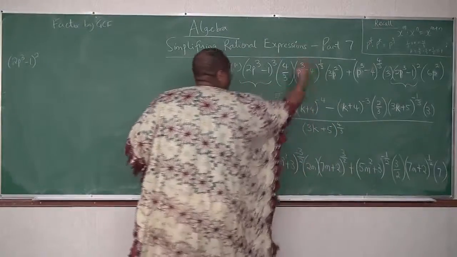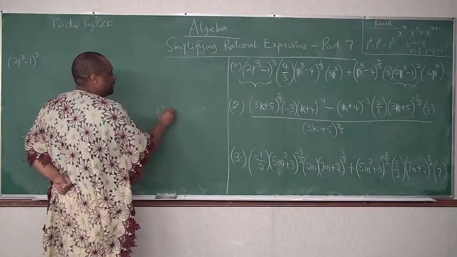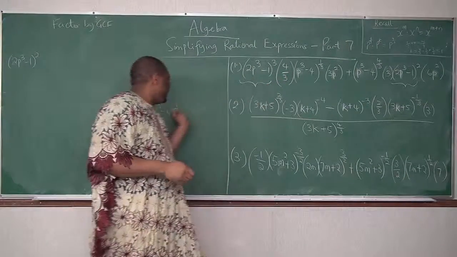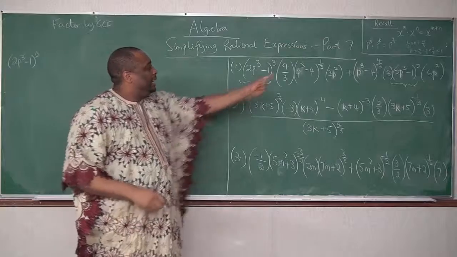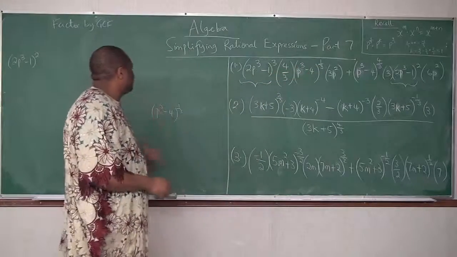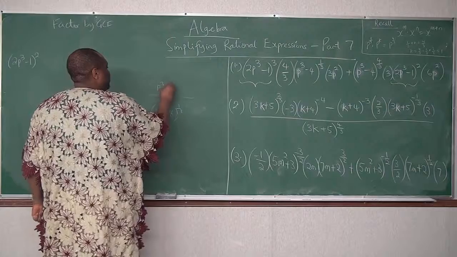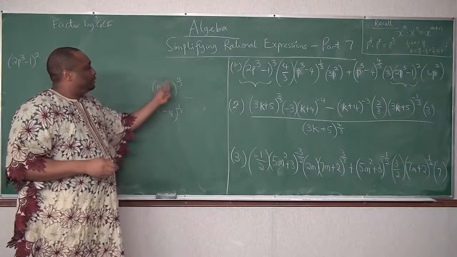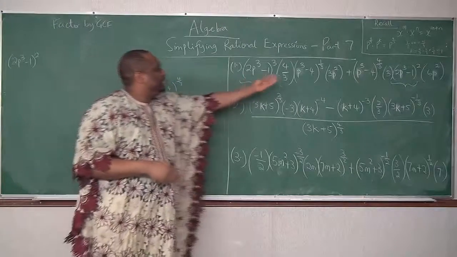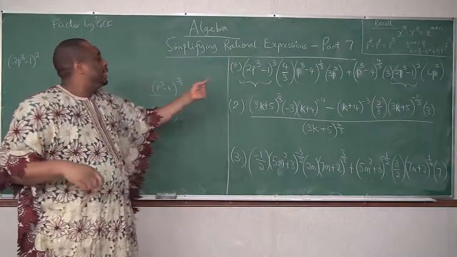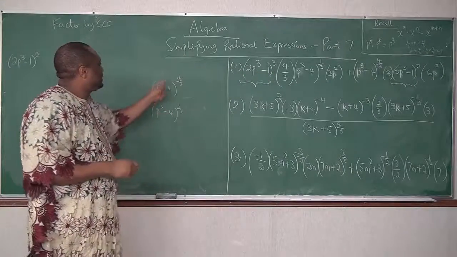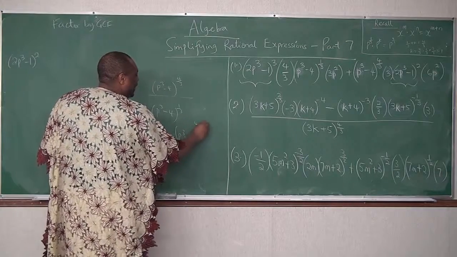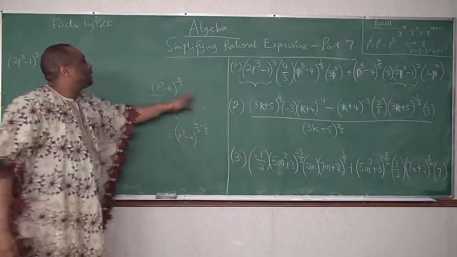When you pick p cubed minus 4 exponent 1 over 3 and you pick it out, this divided by this gives you 1. Then you do this divided by this: p cubed minus 4 exponent 4 over 3 minus 1 over 3, because this comes over here.